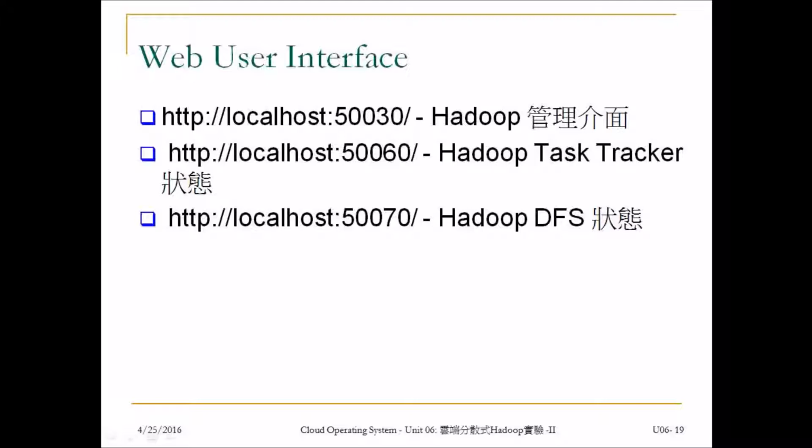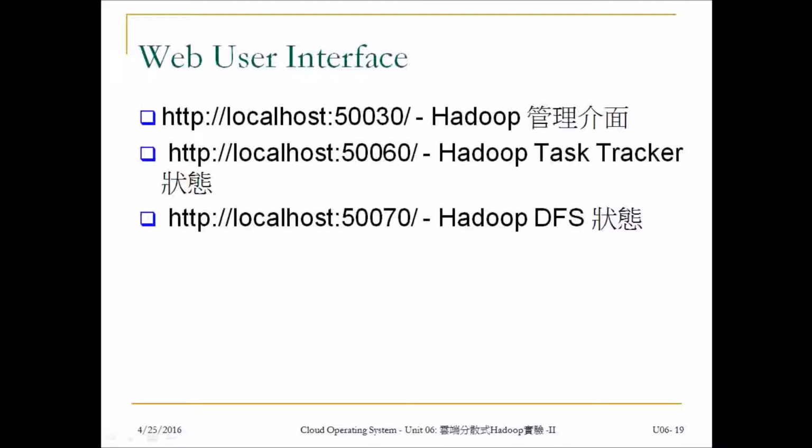And since we use the Ubuntu Enterprise Cloud to provide the service to the remote client user, the remote client user should use the web user interface to know the situation. So if you have a valid IP address, you can directly provide the service to other client users based on the network.